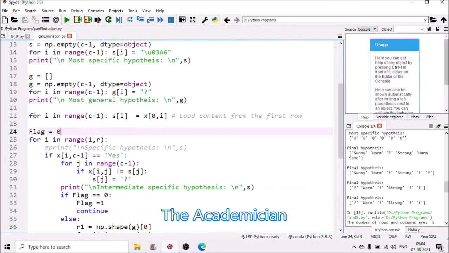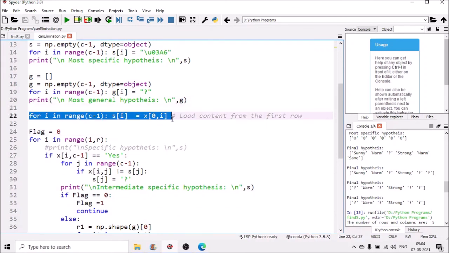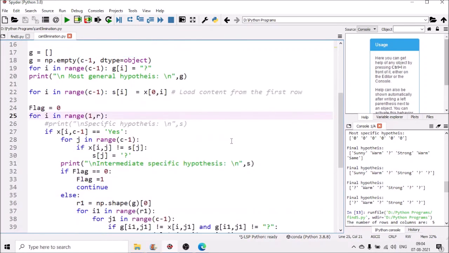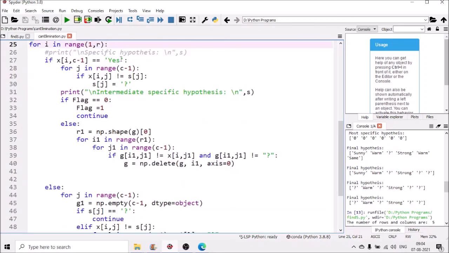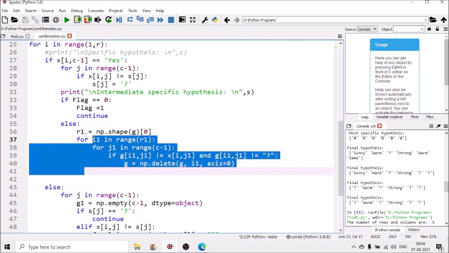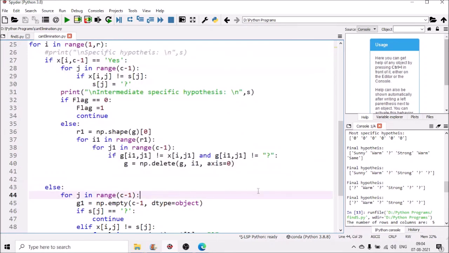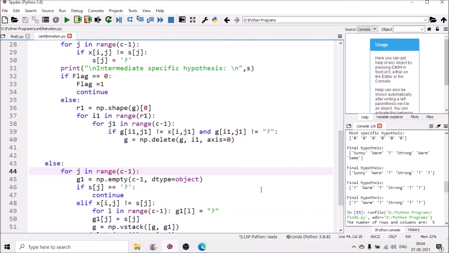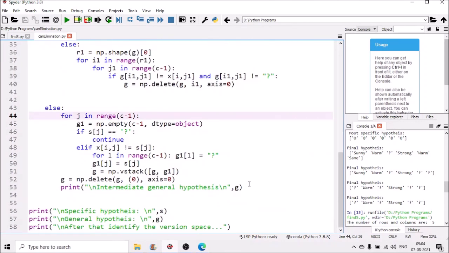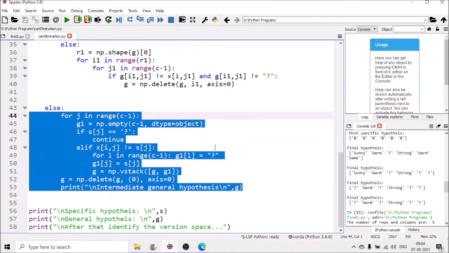Okay, so here we load the content of the first row. Are you getting it? And here we consider both yes as well as no. If it is a yes, we have to apply this particular logic. I will upload it, and you can see the logic later. And if it is a no, we have to use this one.